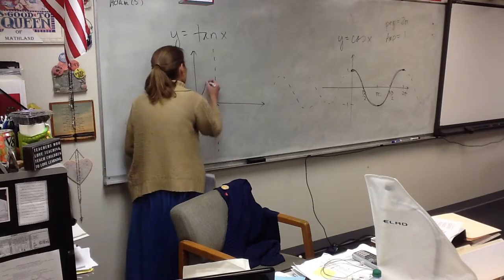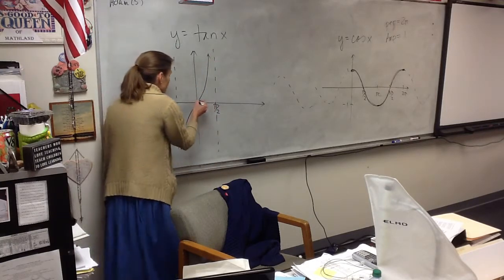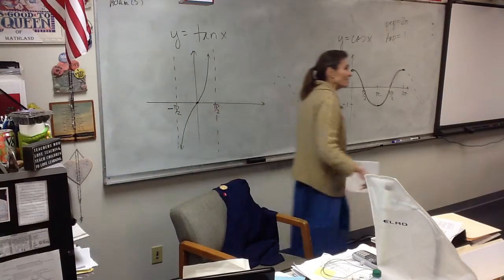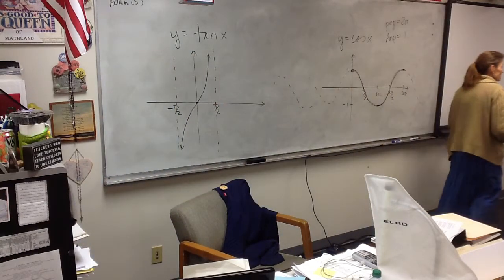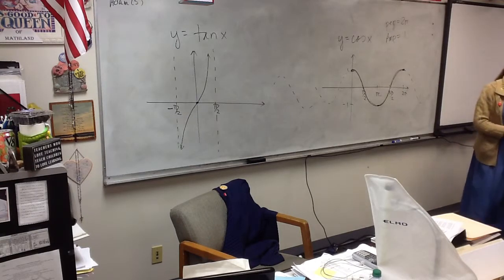And it's nothing more than a squiggly line that goes right through the origin. Now, what does that look like in terms of your 12 basic functions? It looks kind of like a cubic function, doesn't it? Except a cubic function doesn't have asymptotes. This one does.